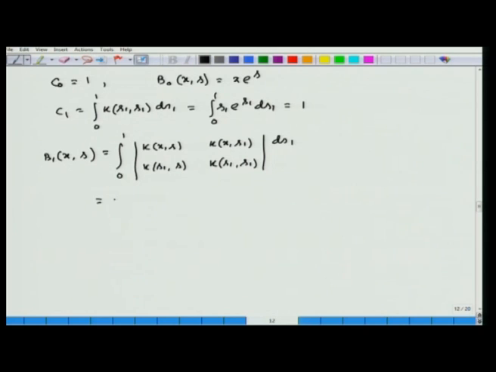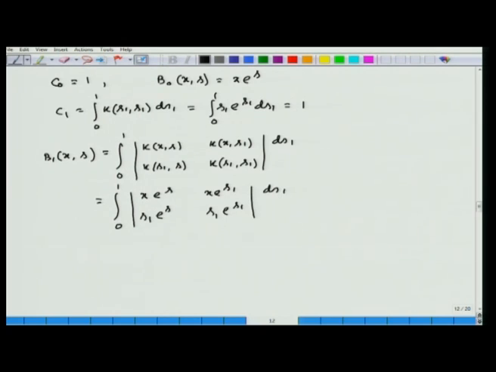And if we substitute the expressions, this will be 0 to 1 of the determinant x e^s, x e^s1, then s1 e^s, and s1 e^s1, ds1.